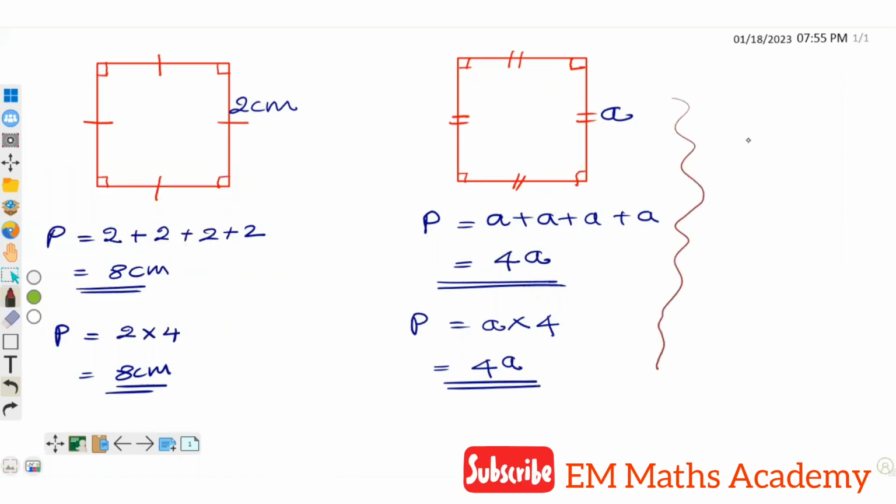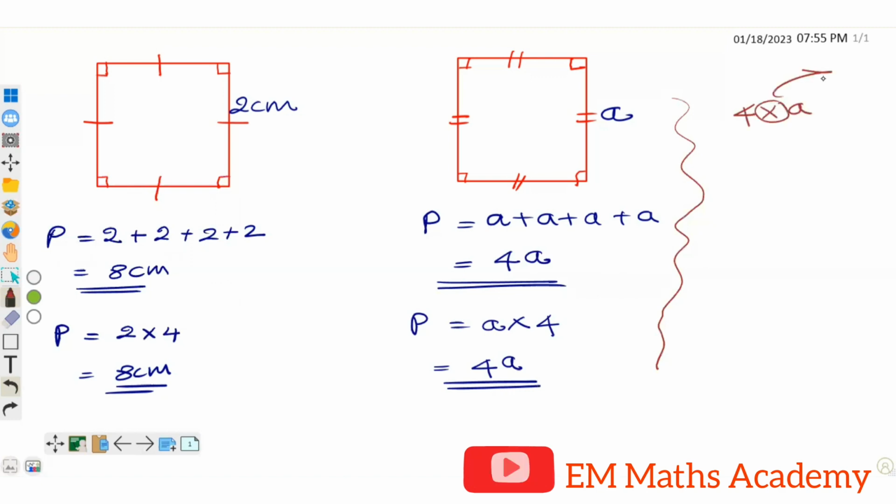When we multiply an algebraic term by a number, the multiplication symbol is removed and we write the number and the English simple letter together. Now, you may think it is given like 4 times A. It doesn't matter.